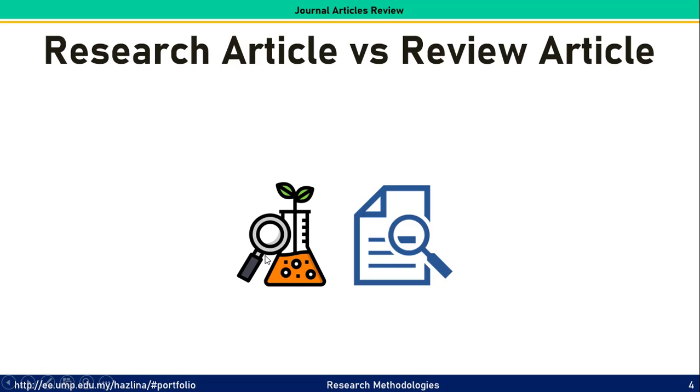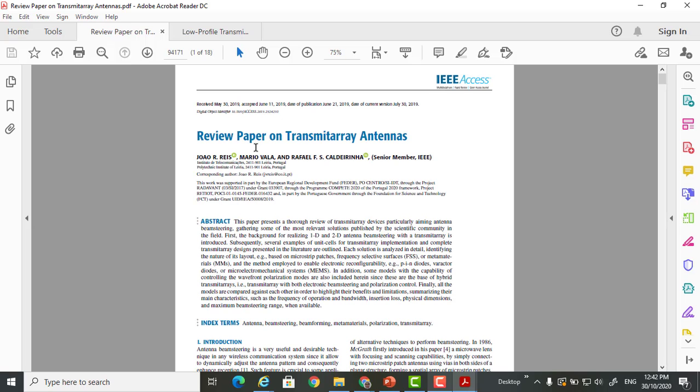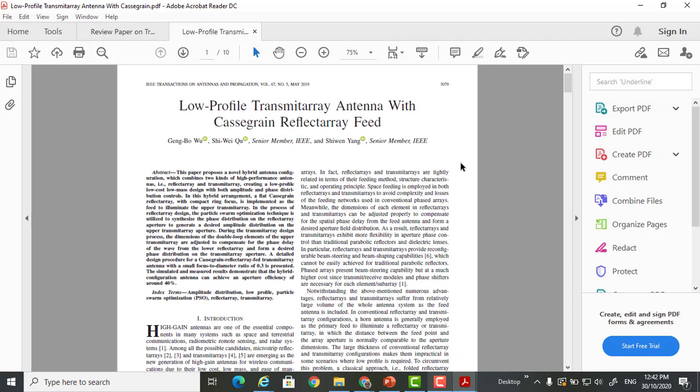In general, there are two types of scientific articles, which are research articles and review articles. These are examples of a research article and a review article. This is an example of a review paper on transmit array antennas, while this one is a research paper on low-profile transmit array antennas with Cassegrain reflect array feed.